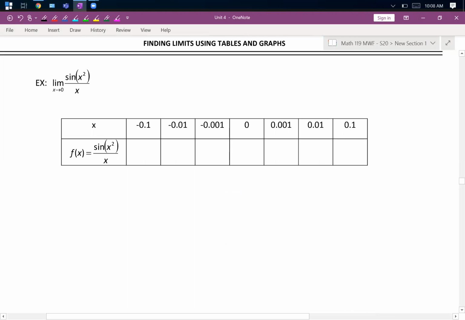Oh, this one's worse. The limit as x approaches 0 of sine of x squared over x. Now, this time we see that our function is undefined at the x value we are approaching. We're undefined at 0. So again, we just want to plug these numbers into our function and get the corresponding y value and see if we're approaching the same number from both sides.